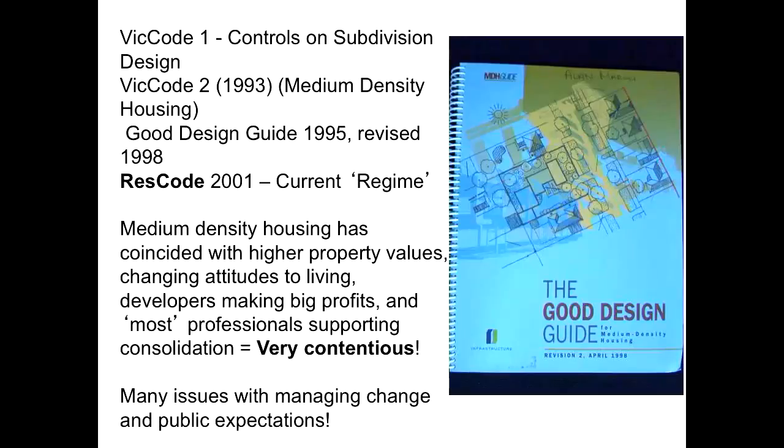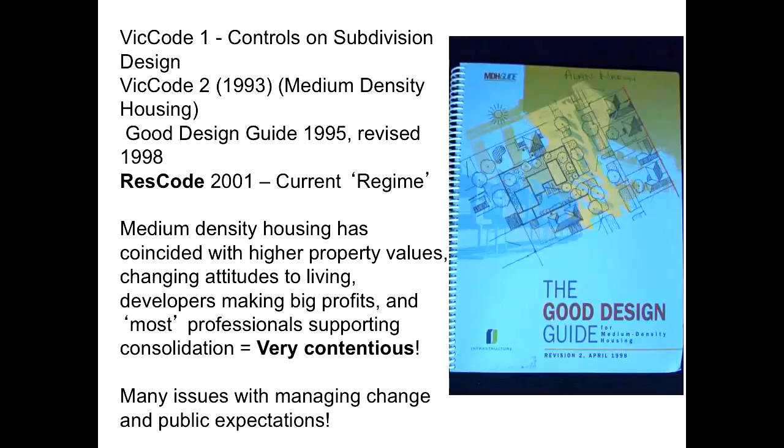We had Vic Code number 1, which was largely about subdivision. Subdivision is obviously very important because as soon as you divide up land, whether it's for more lots or including the road reserves, that's like the urban DNA underneath, isn't it? That starts shaping where the services go, how many houses could be built there on land, the nature of that housing, where sun paths go, all of that sort of background stuff.